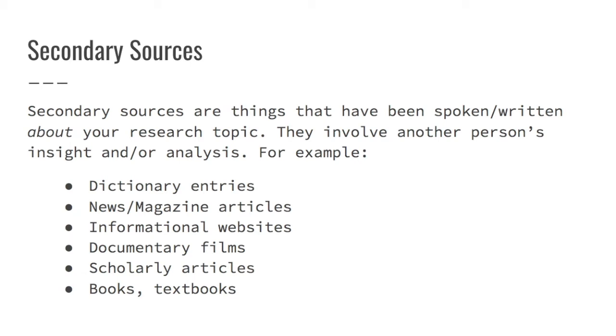Informational websites where you go and get information about a topic, maybe a .gov website, depends on what your research topic is. Documentary films could be another example of a secondary source. I already mentioned scholarly articles, and of course you have books, textbooks, ebooks, anything like that that gives you more information about your topic without being a direct source from the topic itself.